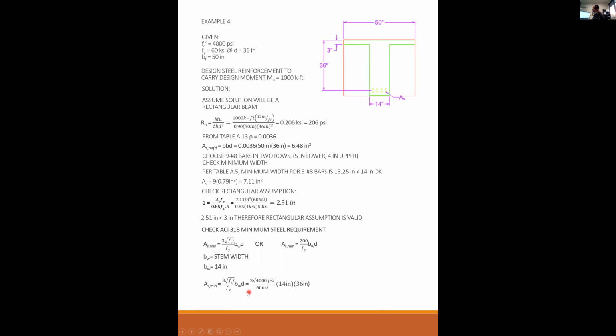The first requirement yields me 1.6 inches, the second requirement yields me 1.68 inches, which is going to control. And I'm providing 7.11 inches squared, greater than 1.6 inches squared.